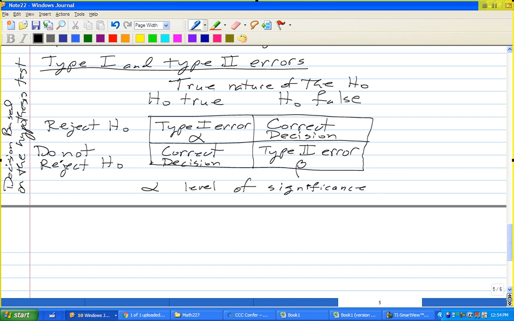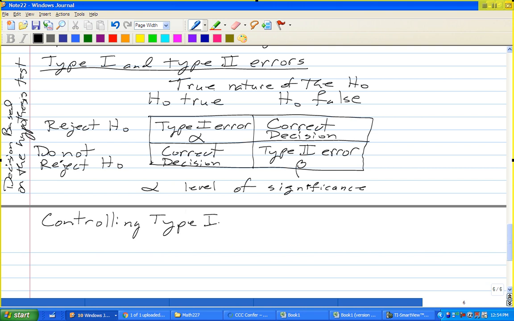Okay. And so notice the following, controlling type 1 and type 2 errors. Because you would probably say, well, why don't we just have 0%?